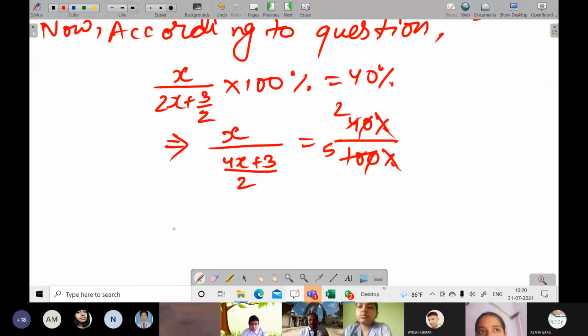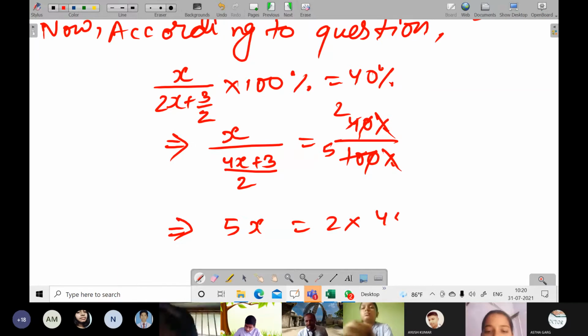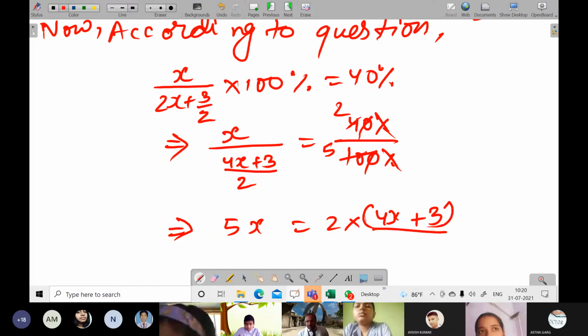So 5 will go that side, and we can write 5x is equal to 2 into 4x plus 3 by 2, so this 2 got cancelled.